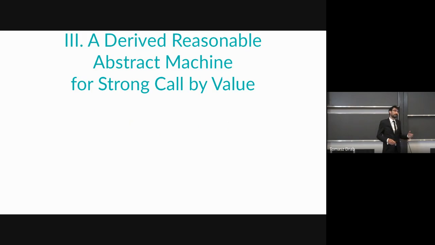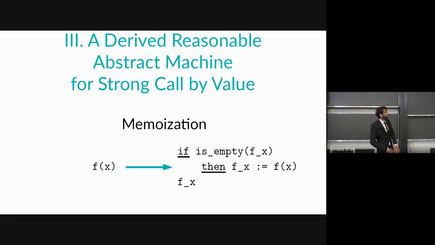We apply another standard programming technique, that is memoization. Instead of calling f of x, we can have dedicated memory cells so that once the value is computed, it is reused every time it is needed again.